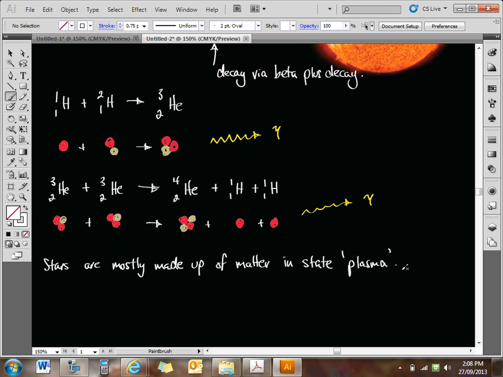So what is plasma? Essentially, the electrons are stripped. So I'll write this because it's easier than drawing it. Electrons are stripped from atoms.